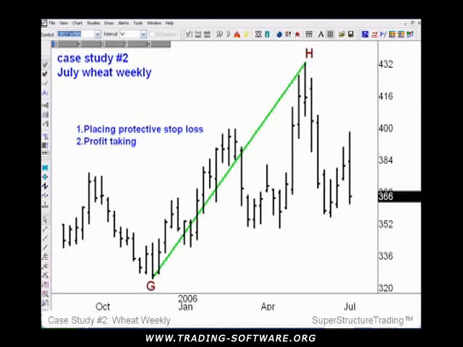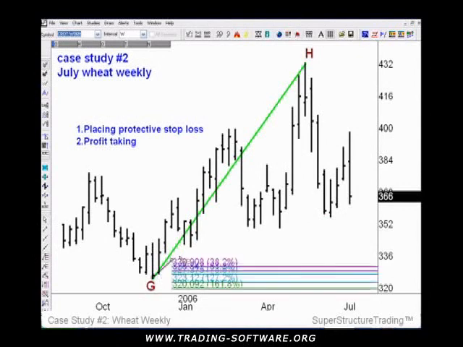The question to ask is what we did earlier in that section: how strong is this move going up? We'll focus in on this retracement, which of course was a 61% retracement as shown earlier. So profit taking around here should be approximately a 61% drop from H against the GH range.